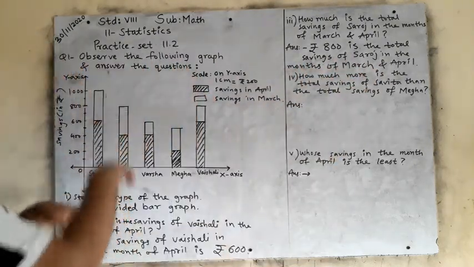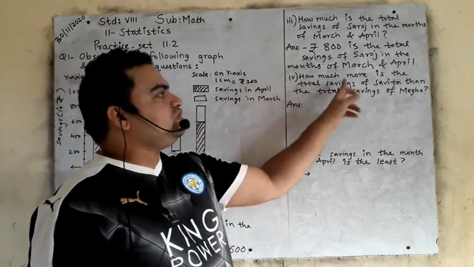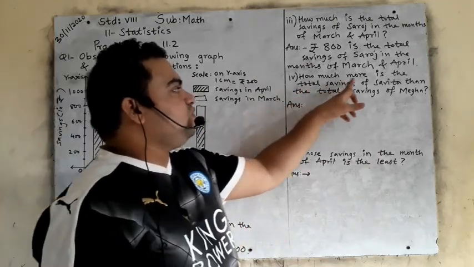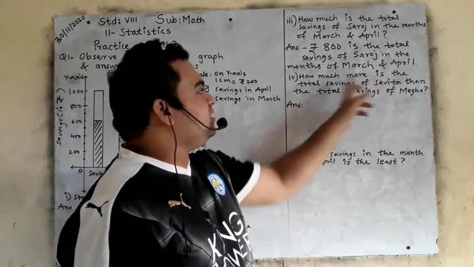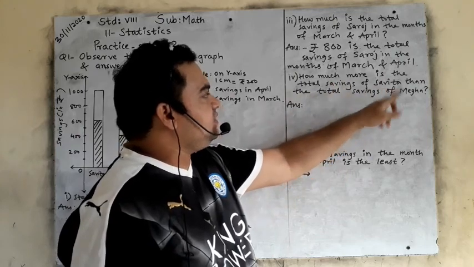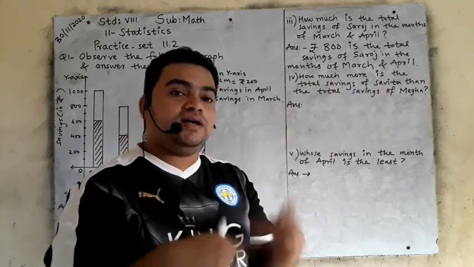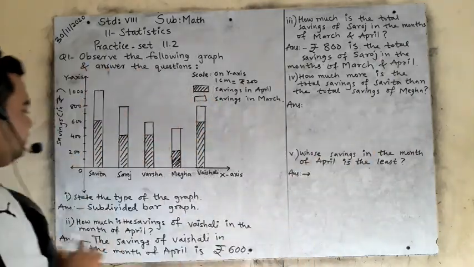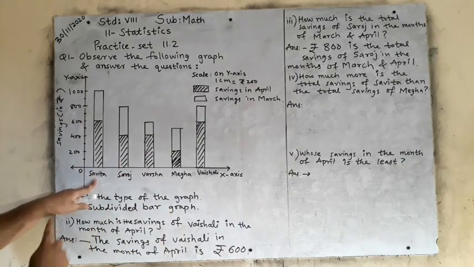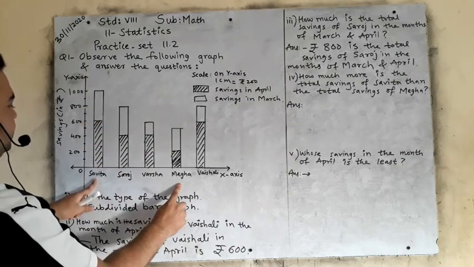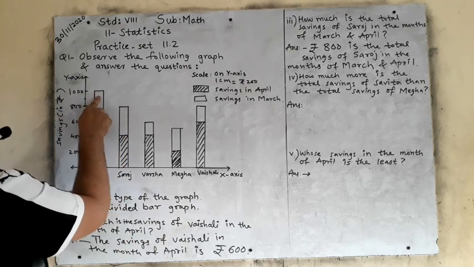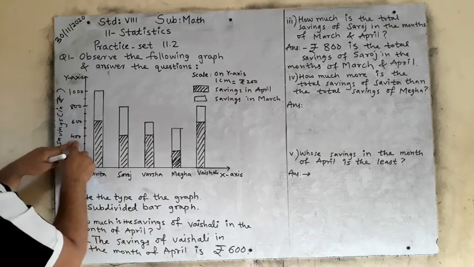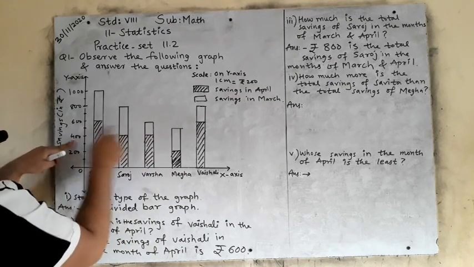Now see the fourth one: how much more, kitne zyada, it means subtraction. How much more is the total savings of Savita than the total savings of Megha? You have to keep the finger on Savita first and then Megha. Savita's saving is rupees 1000 and Megha's saving is between 400 and 600, it means it is 500.